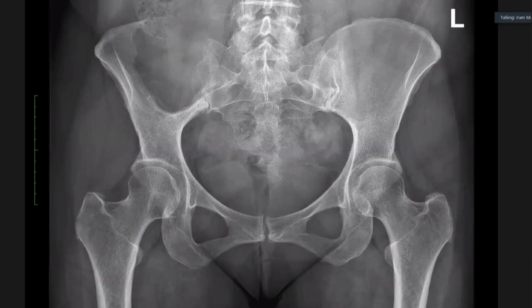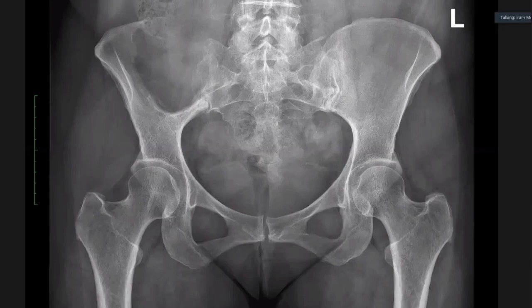The margins are non-sclerotic, and I can appreciate a cortical breach along the superior aspect of the iliac bone. This lesion appears to be subarticular in location and does not appear to be involving the right sacroiliac joint.